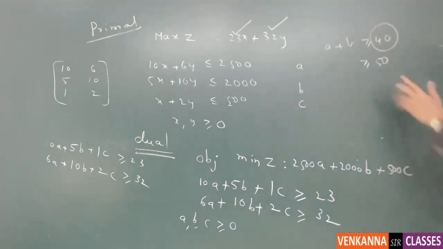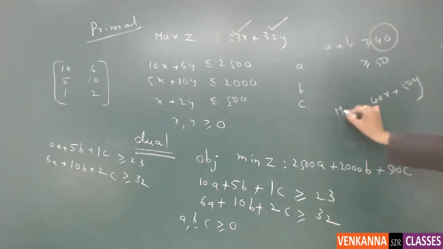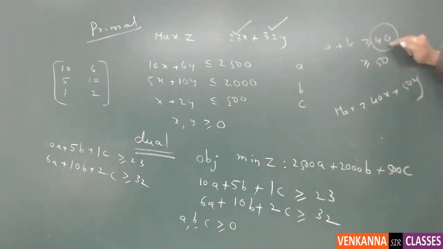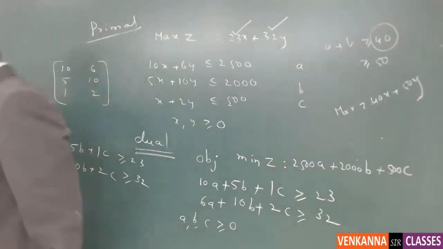If you consider the dual problem, these things will come in the objective, because the salesman wants to sell the maximum number of these vitamins. Here the patient has to take the minimum number of these vitamins, while the salesman wants to sell the maximum number. That's why these constants will come in the objective portion. Clear?